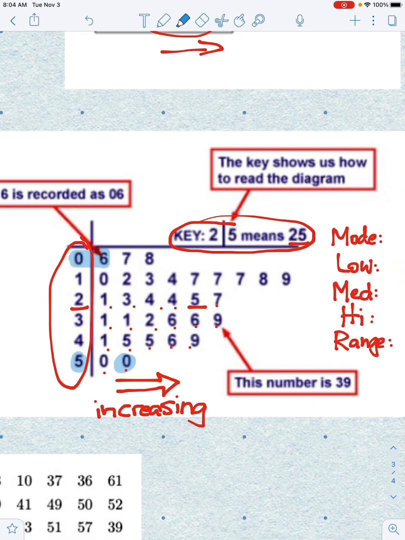So things that we see in this list, again, the high and the low, we can see the middle value. The middle value takes a little bit of counting, but you need to know how many items are on the list. We can see that there are 6 in each column here, so that's 12.